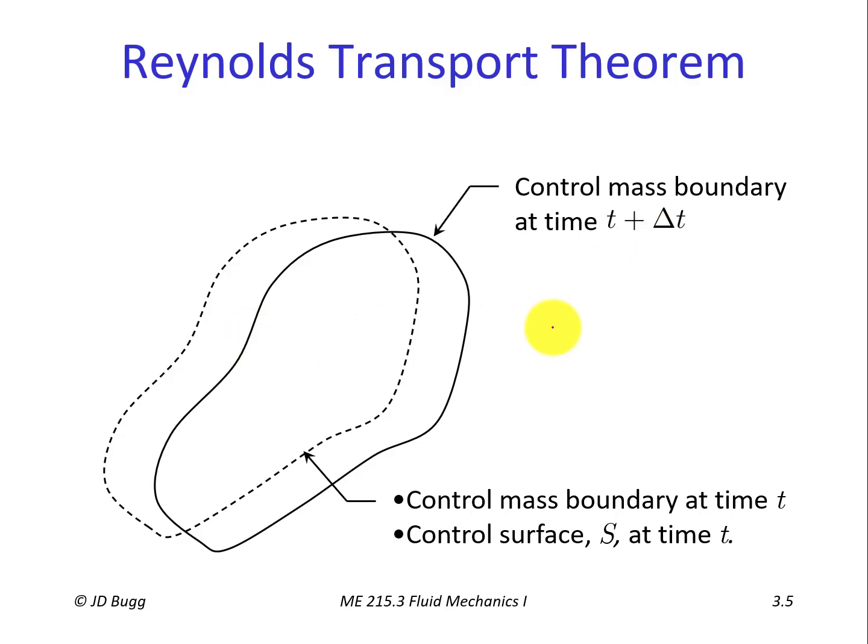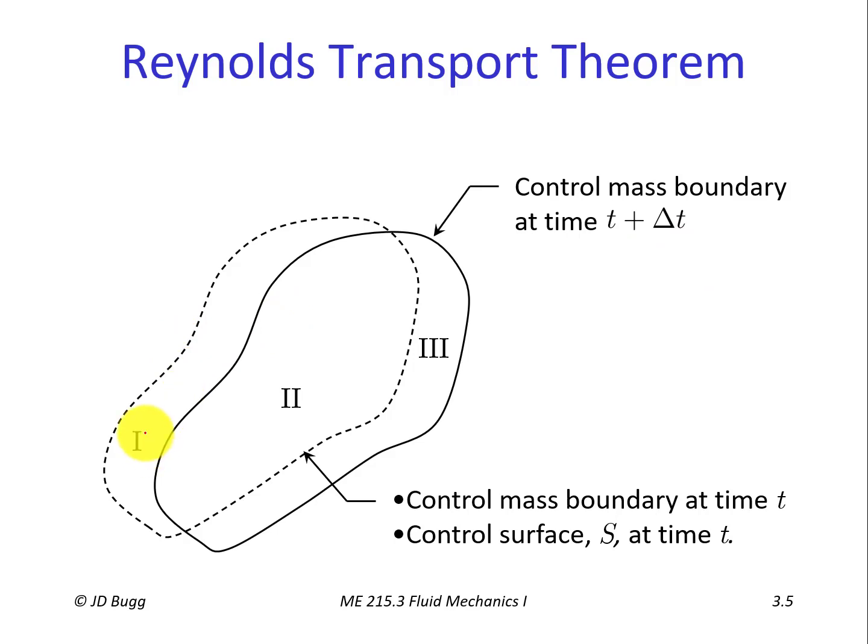In this picture, there are three important regions that we need to identify and label. Region 1, between the control volume boundary and the control mass boundary over here on the left. Region 2, and region 3. Region 2 is shared by the control volume and the control mass, so any B that is in region 2 is in both the control volume and the control mass at time t plus delta t.